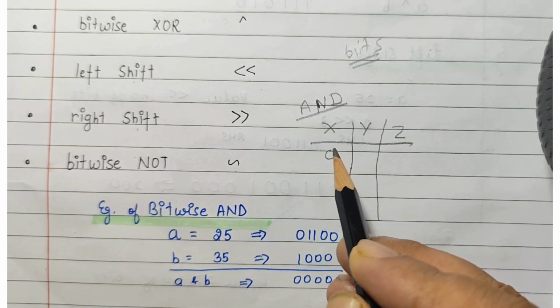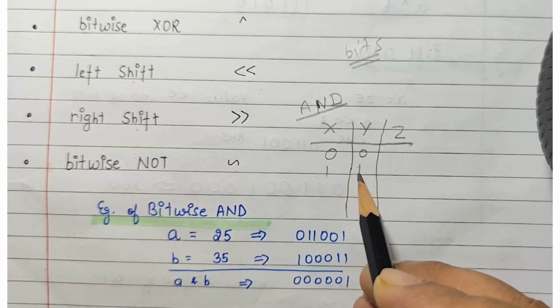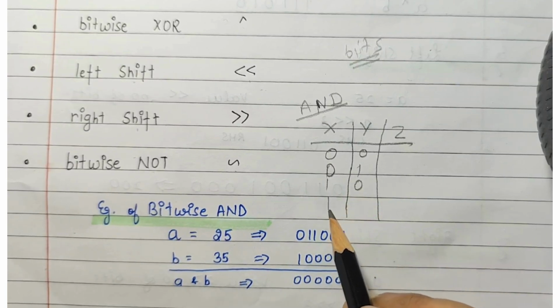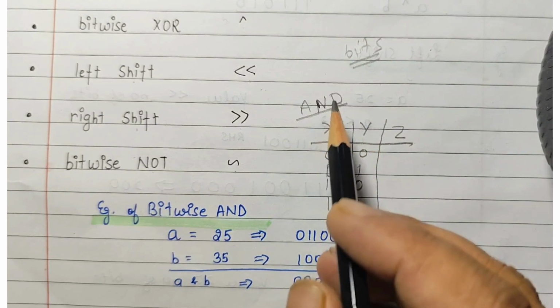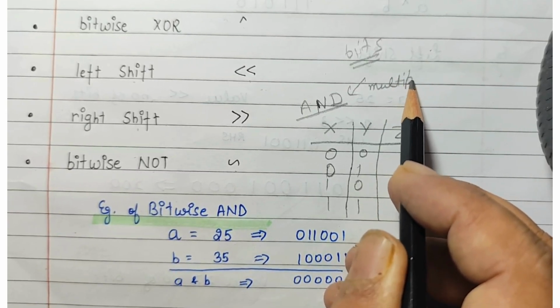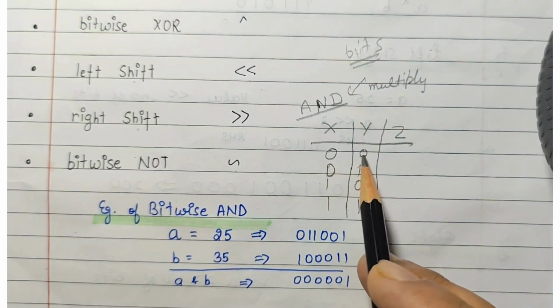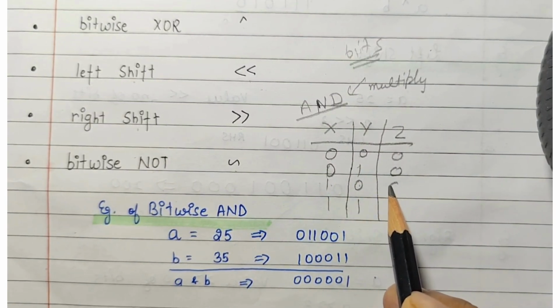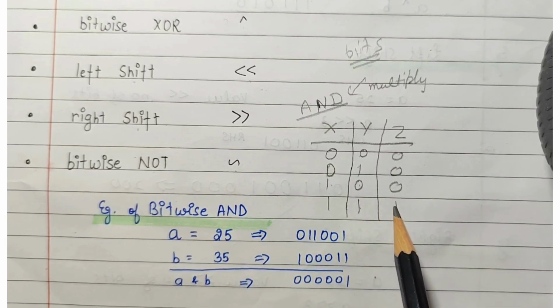We have 4 combinations: 0 0, 0 1, 1 0, 1 1. Now AND means multiply. 0 into 0 is 0, 0 into 1 is 0, 1 into 0 is 0, 1 into 1 is 1.